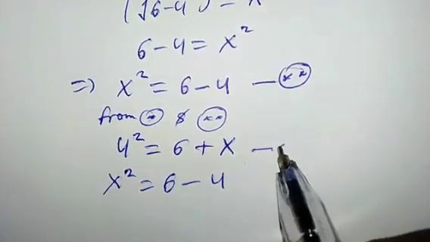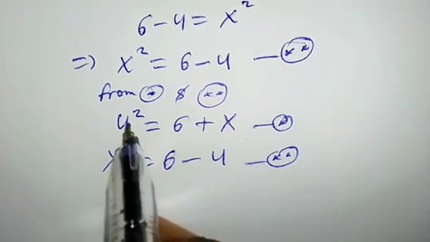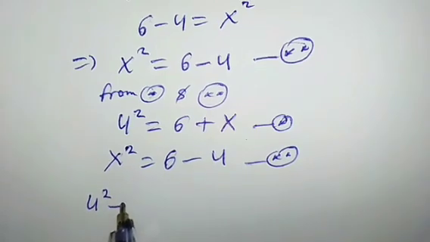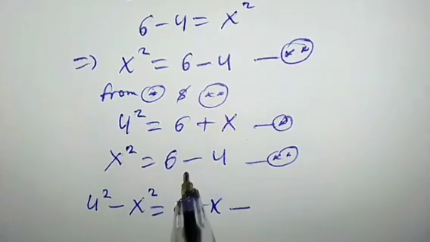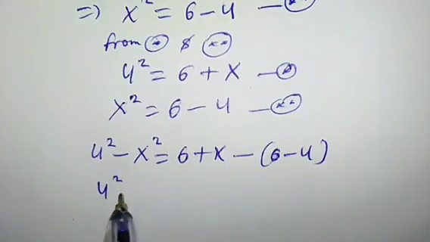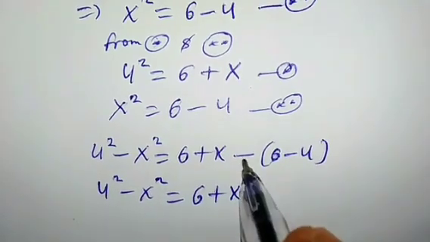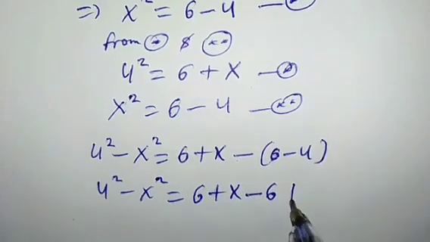So, equation star minus equation star star, that will be u to the power of 2 minus x to the power of 2 equal to 6 plus x minus, 6 minus u. U to the power of 2 minus x to the power of 2 is equal to 6 plus x, minus times 6, that is negative 6, minus times minus u, that is plus u.